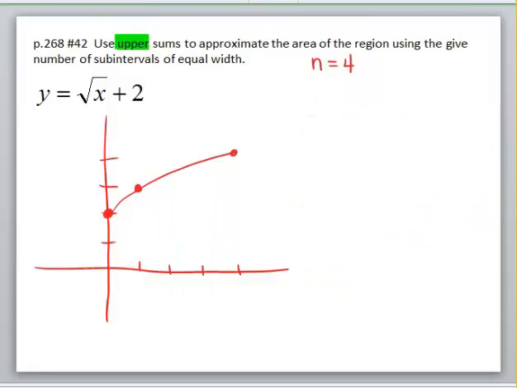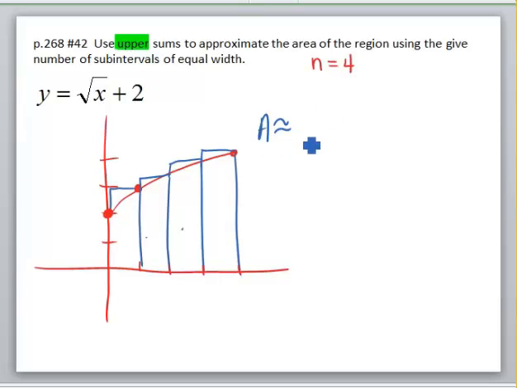The next one, the last example here, is just the upper sums. And for the upper sums, we're going to have sub-intervals of 4 again. So I'm going to draw in 4 rectangle spots. This time I'm doing upper sums, so I want my rectangles to be above the curve. So the area would be approximately the length times the width.